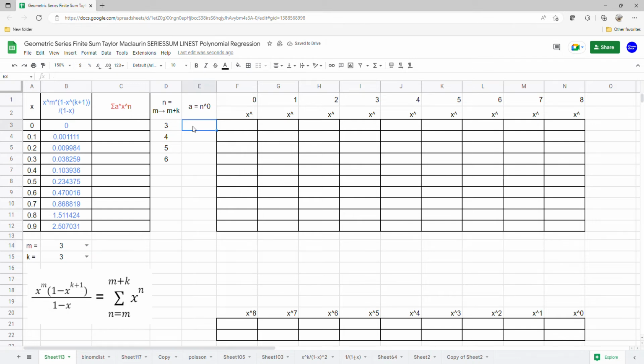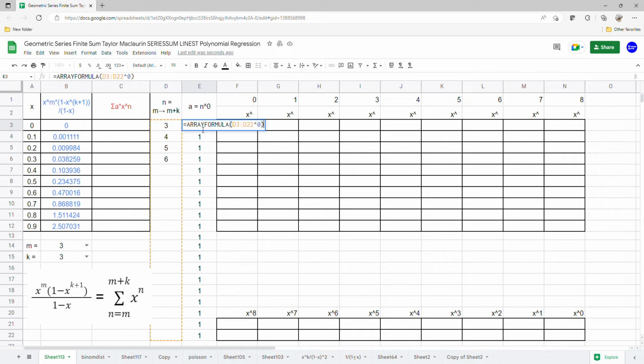And the value of a, which is 1, so this is equal to array formula of the values of m raised to the power 0, and enter. Now if this is empty, this should be 0, so we correct that.